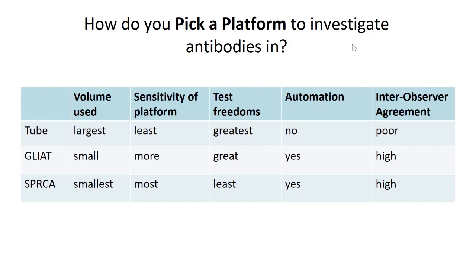And in terms of the visual readouts, which were shown previously, what does a positive versus a negative look like? The inter-observer agreement is very high in robot recognized endpoints in automation, but also at a manual level when working in the gel microtube technique. You get a lot more inter-observer variation when two serologists are looking at the same test tube reaction.